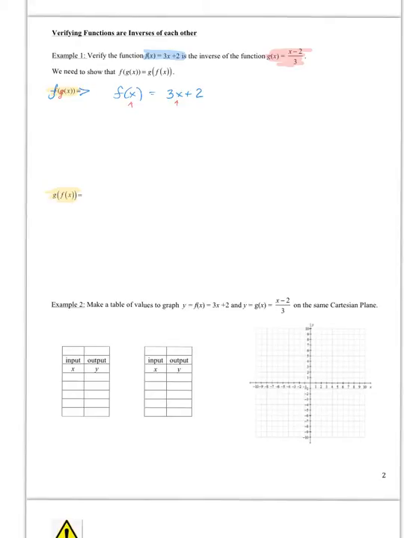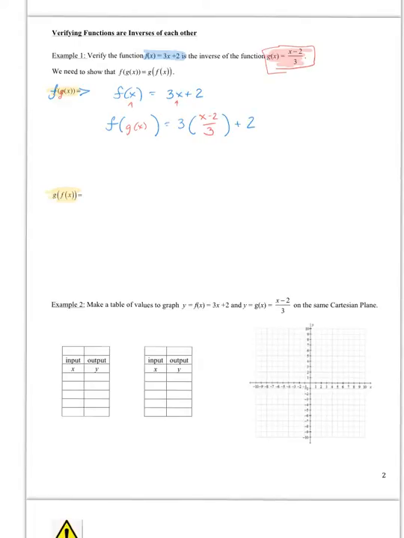So I'm taking f of g of x, and that would be 3 times, we said x is g of x, and this is g of x, so that would be (x minus 2) over 3 plus 2.